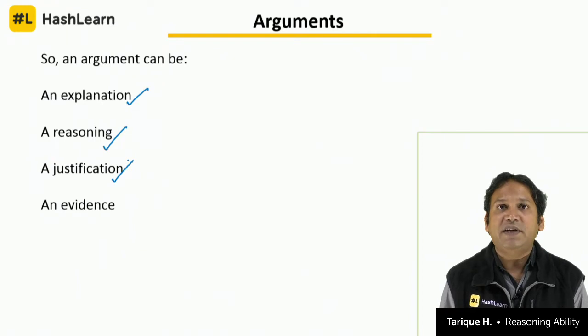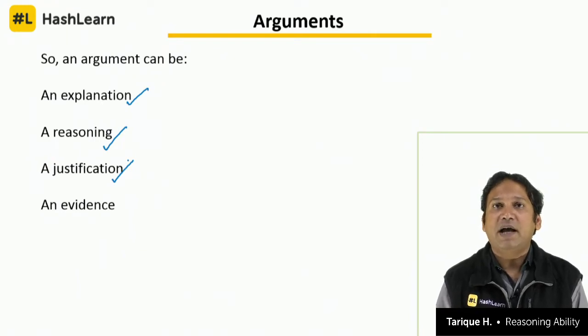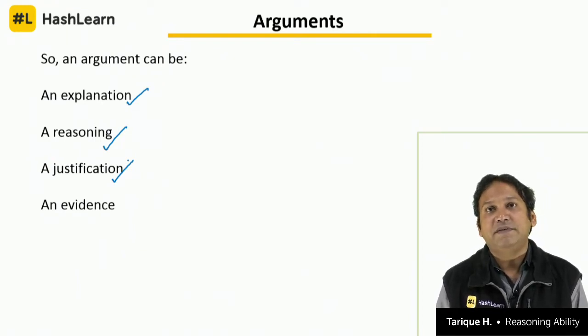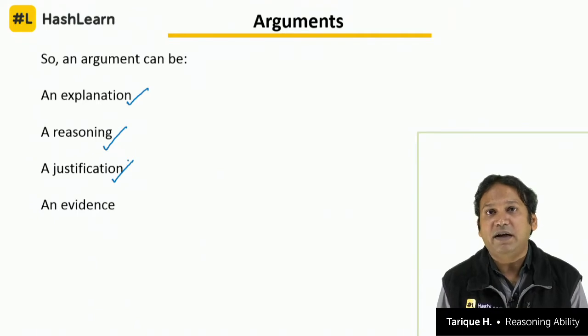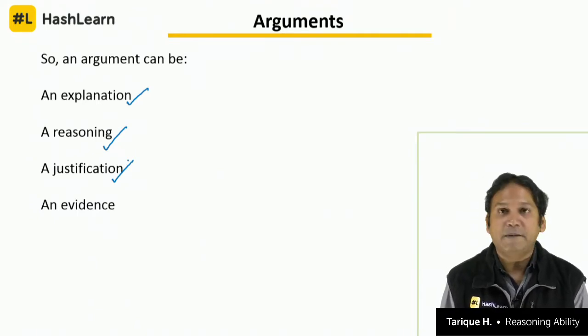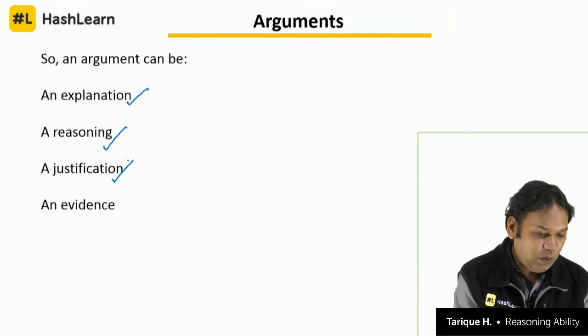So there could be a justification that, fine, petrol prices are higher, but the price of other commodities has gone down and inflation is averaging around 3.5% to 4%. That means people are able to save on other fronts, even if they have to spend a little extra on buying petrol or diesel. Here, an argument could be evidence.